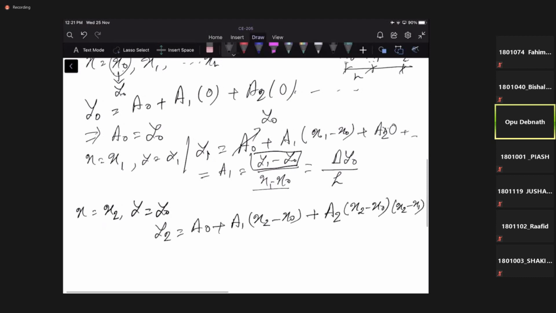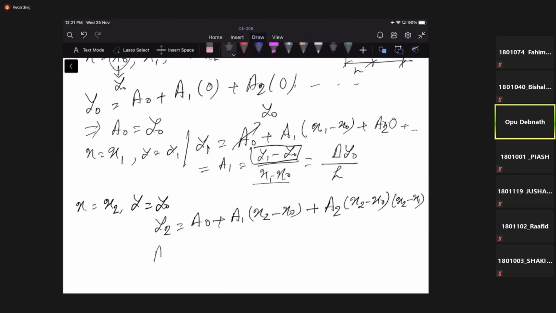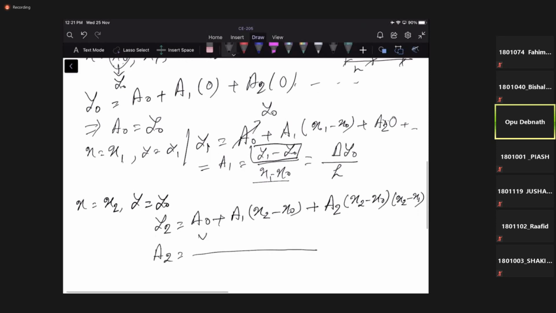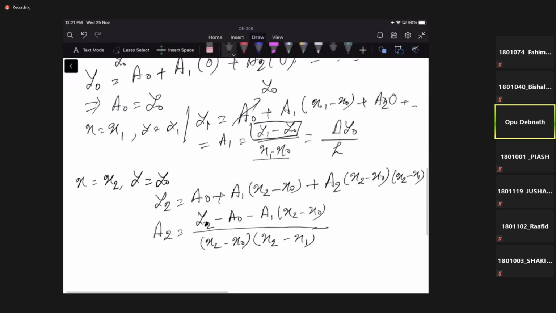Up to this you will get this value, and from this equation you will find the value of a2. a2 will be y2 minus a0 minus a1 into x2 minus x0 divided by x2 minus x0, x2 minus x1.